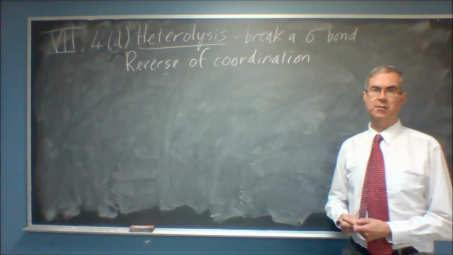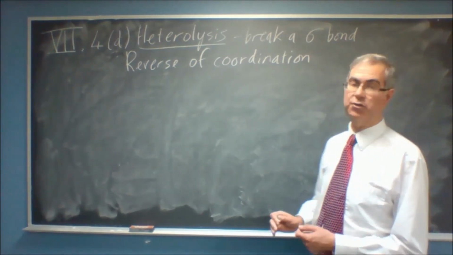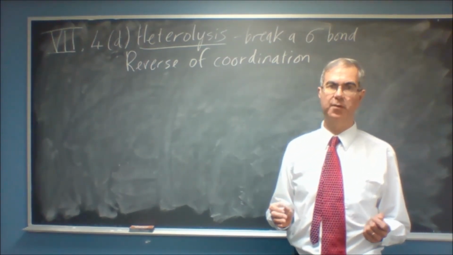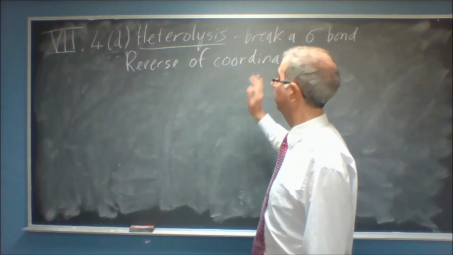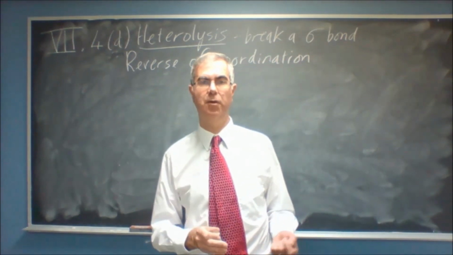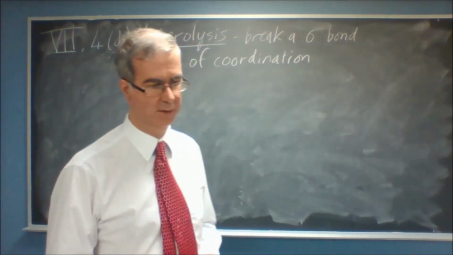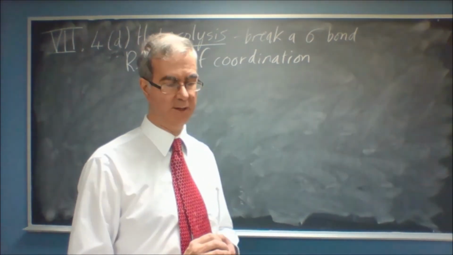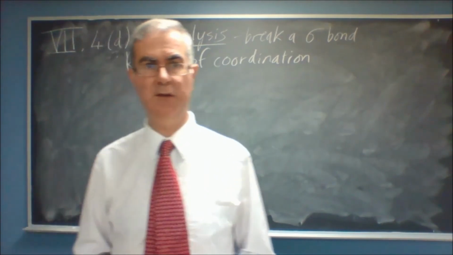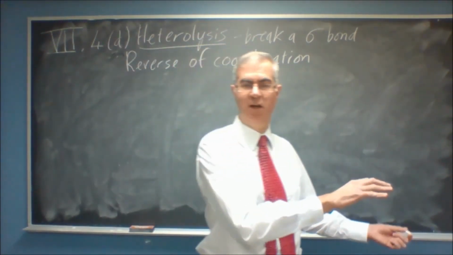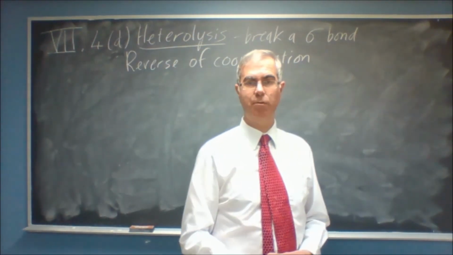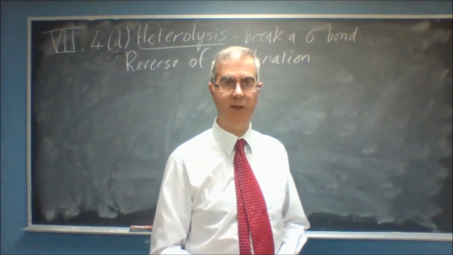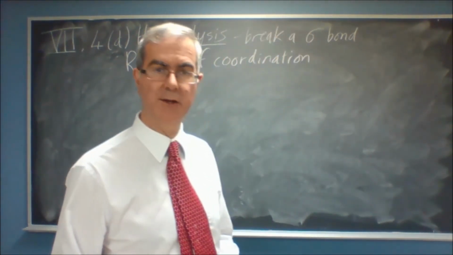So the heterolysis step again just involves one arrow, and it's the opposite of coordination. So instead of making a bond, we're breaking a bond. And so that will normally be uphill in energy, but if ultimately it leads to a more stable product, it can occur.